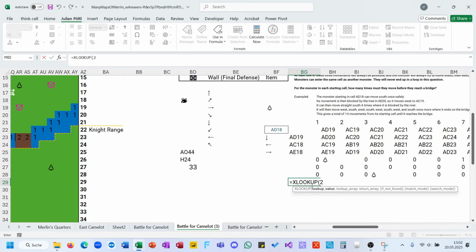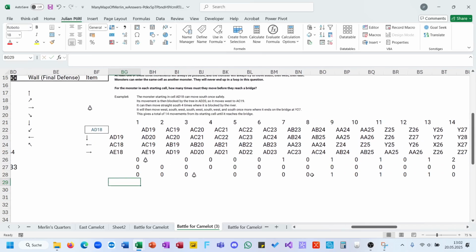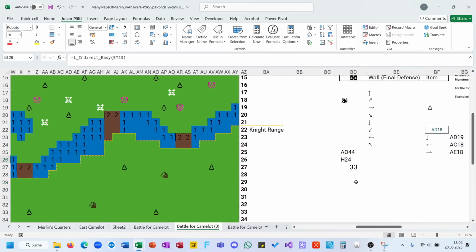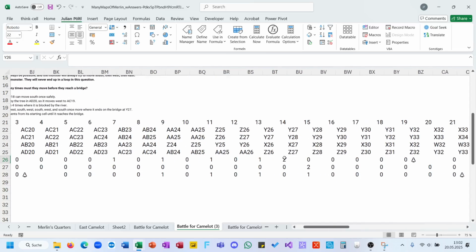XLOOKUP 2, or an XMatch is also possible. Oh, Y26. There should not be anything there.